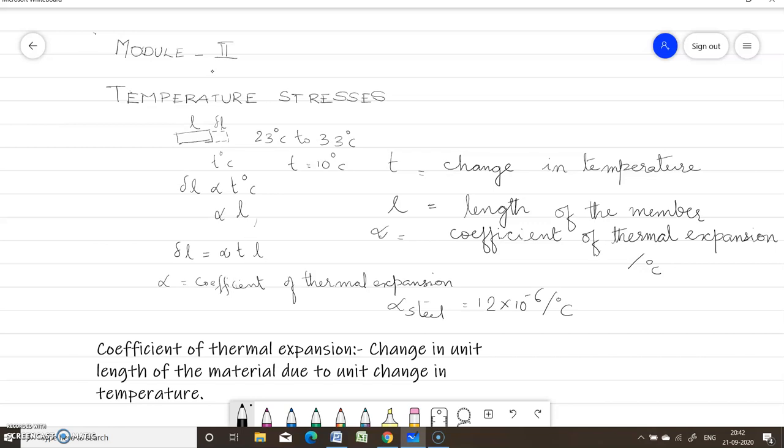It is different for different materials, and for steel it is 12 into 10 raised to minus 6 per degree Celsius. This value will be given in the question. So you can say delta L is equal to alpha into T into L.